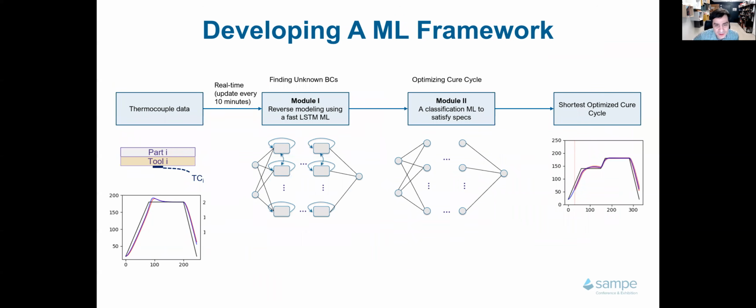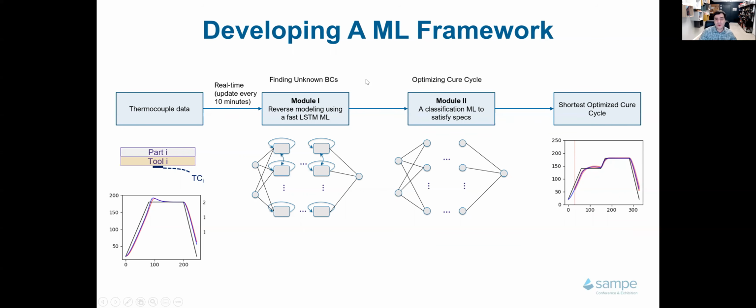So we developed a framework to address this specific problem, where we have multiple parts, but we don't know the boundary conditions on them, but we have thermocouple data coming from them. The way this framework works is that thermocouple data from multiple parts comes in at different intervals, for example every 10 minutes, every 5 minutes, every 15 minutes.